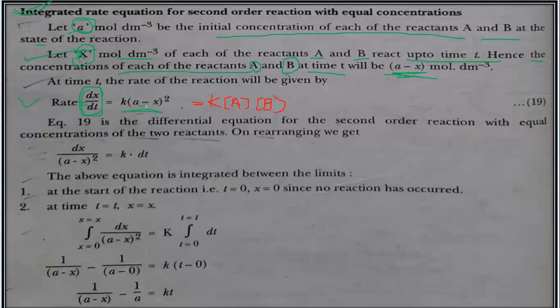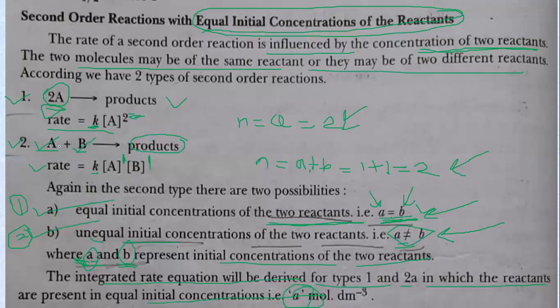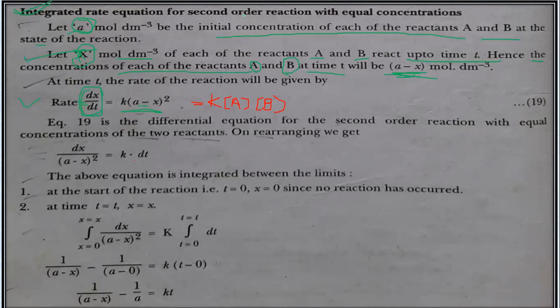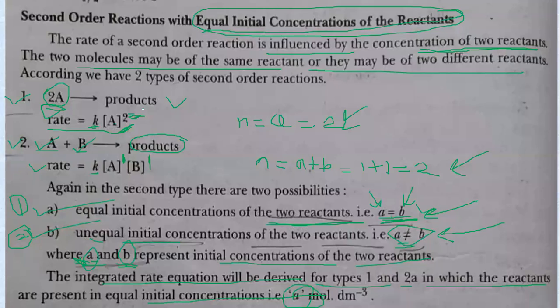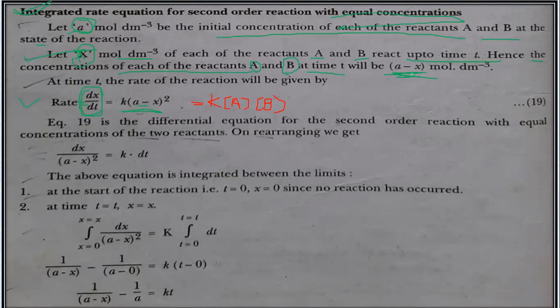Yeah, so if you see in the above, here it is A square, right? And as we know that we are considering equal initial concentration, so concentration of A and B, when they give the product, let me clear it over here.